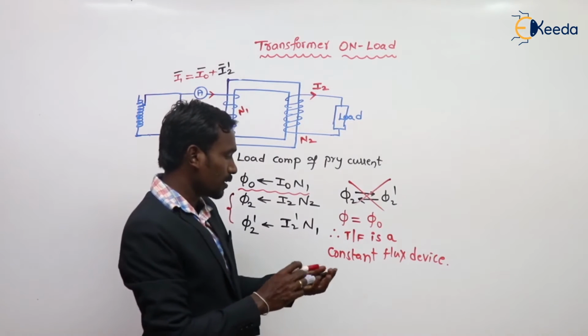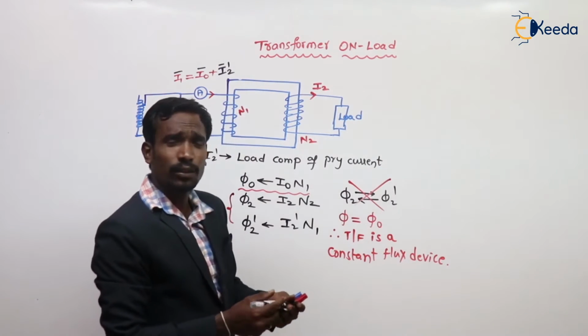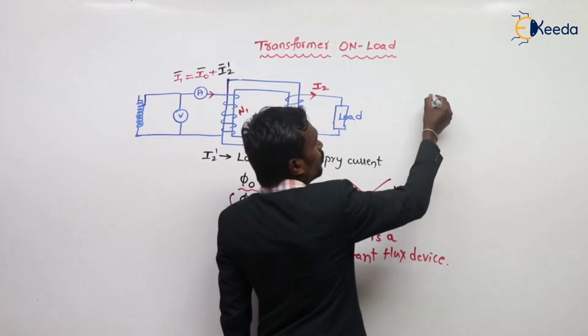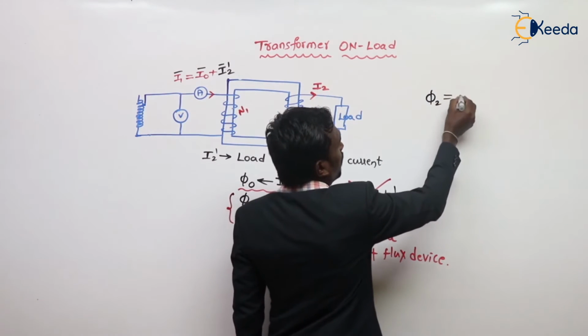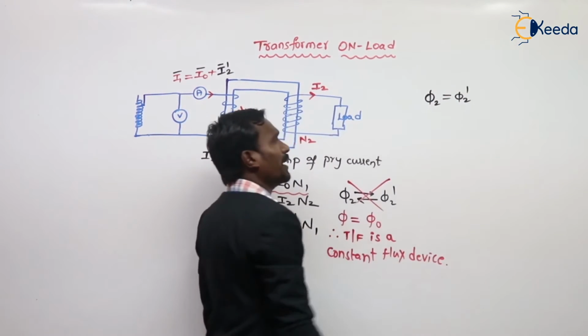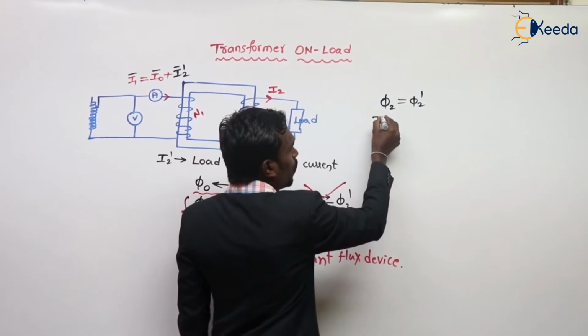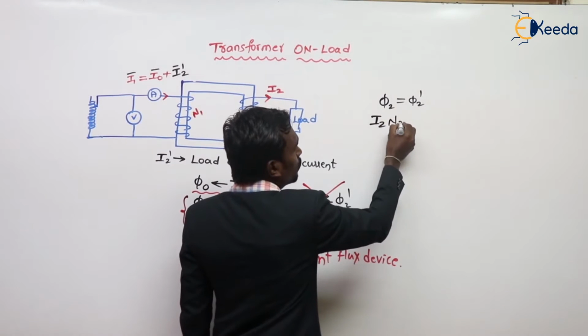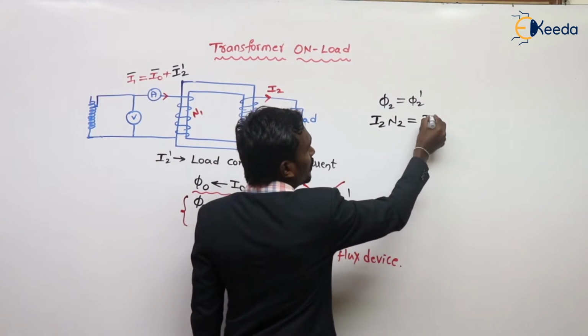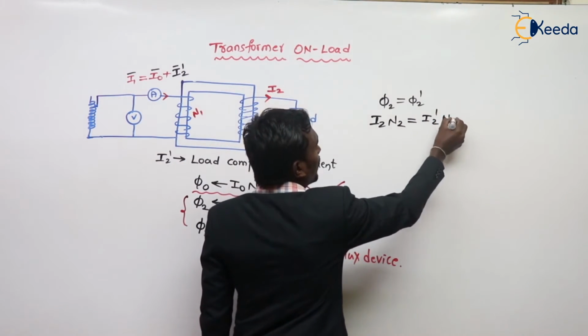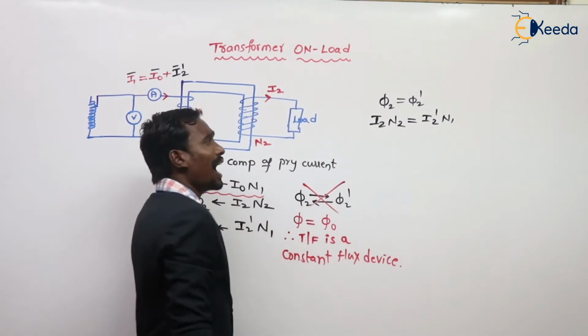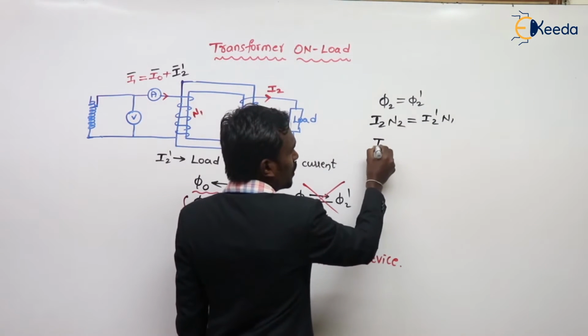And another small conclusion. Here, phi 2 and phi 2 dash are equal in magnitude. Phi 2 is due to I2 N2 and phi 2 dash is due to I2 dash N1. I want I2 dash.